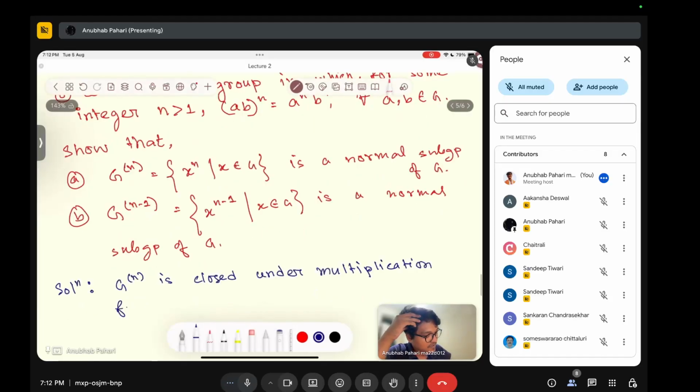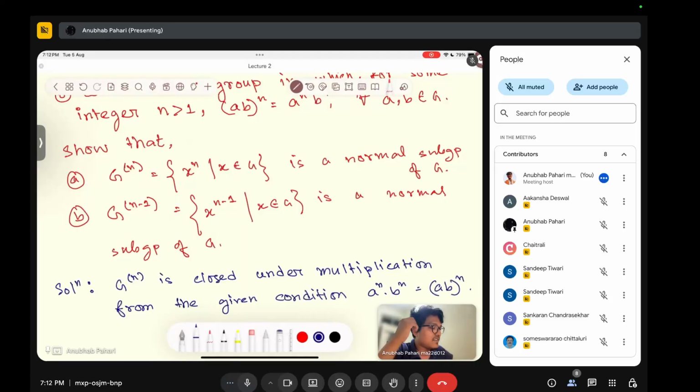From the given condition, a^n b^n equals (ab)^n. This is clear, right?